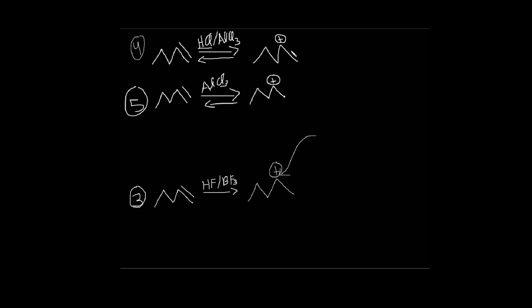Okay, so remember, after you get the carbocation, the same thing happens as before. Your benzene attacks the carbocation and forms a bond here where the carbocation is. And always remember to check for rearrangements.